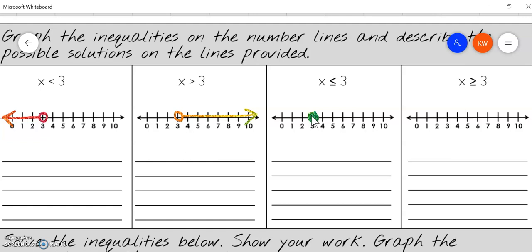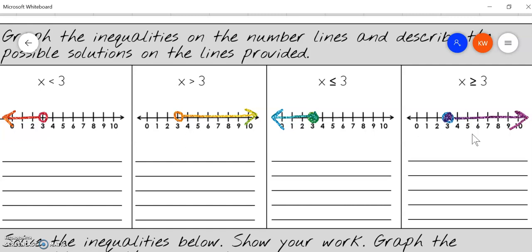So this one here, this is x is less than or equal to 3. So we take our circle, we fill it in, and we point to everything that is less than or equal to 3. Now over here, we're going to do the same thing, except instead of pointing to the stuff that's less than 3, we're pointing to the stuff that is greater than 3.